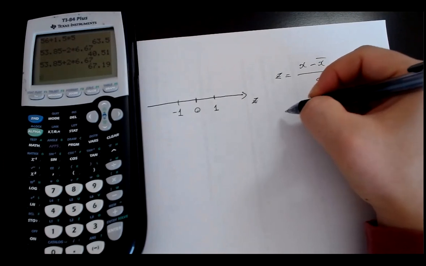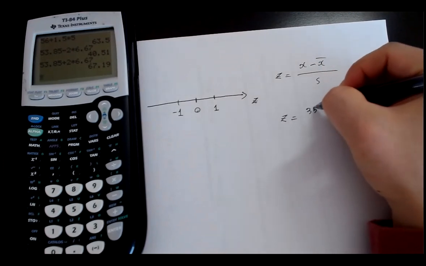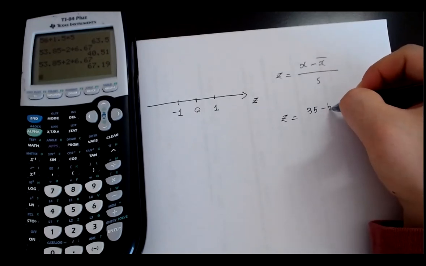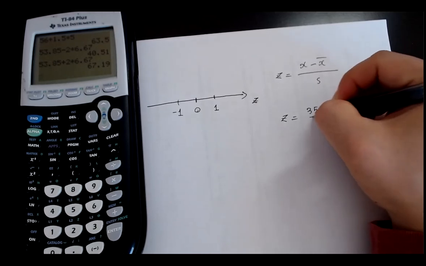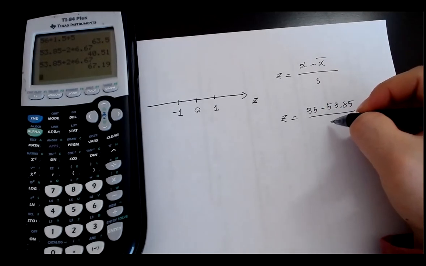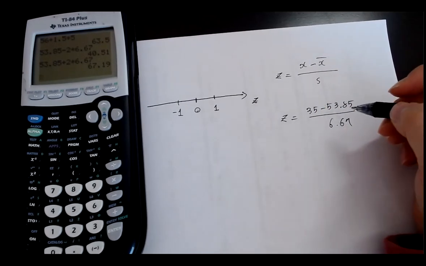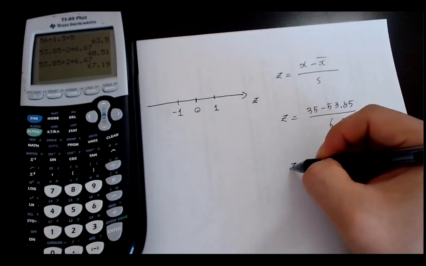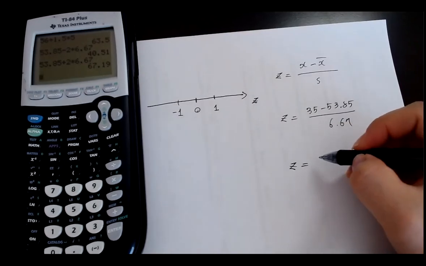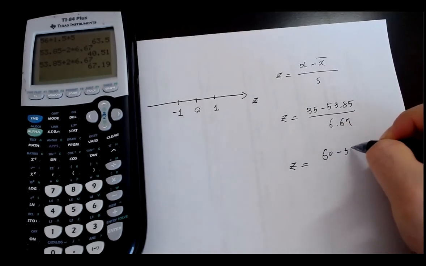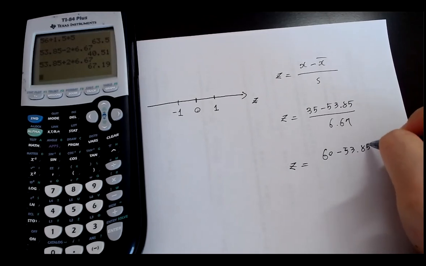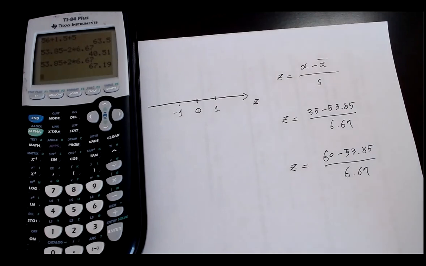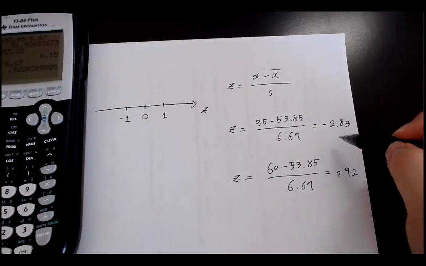Here, 35 minus x bar, which is 53.85, over s, which is 6.67. The other one is the Z-score of 60. It's going to be 60 minus 53.85 divided by 6.67. So we just calculate that, and I got these numbers.